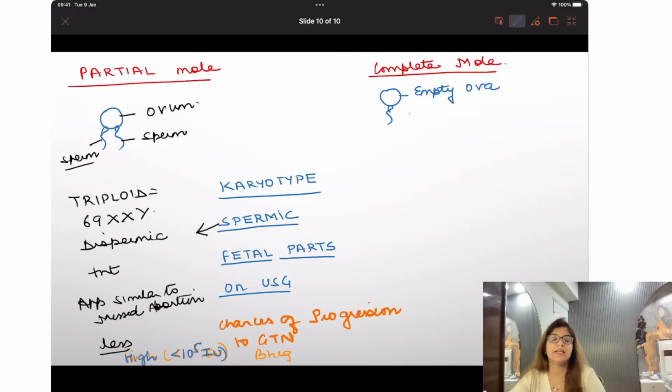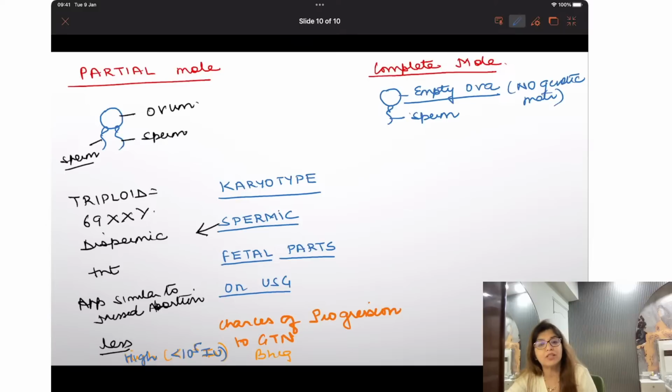On the other hand, in case of a complete mole, there is an empty ova. This empty ova doesn't have any genetic material. It is fertilized by a single sperm, and then whatever genetic material the sperm has, that duplicates, right? And that is why it is diploid.